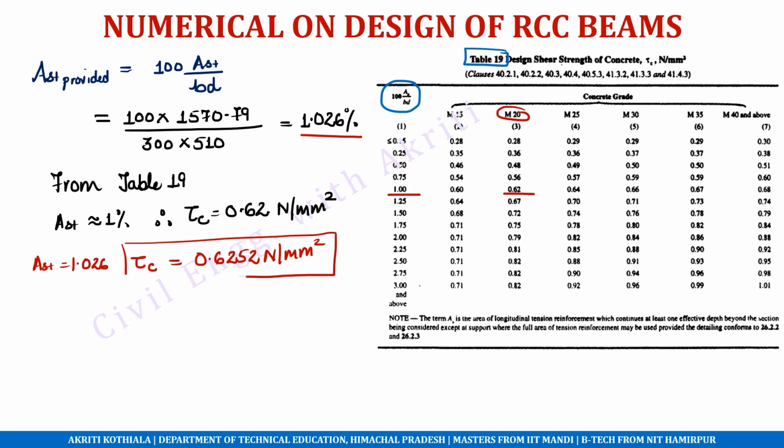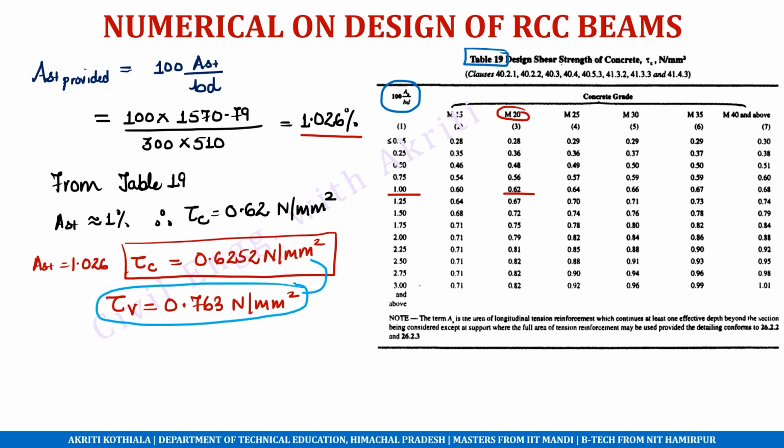This tau C is the value of shear which the concrete will resist. We had the entire value of nominal shear stress equal to 0.763 Newton per mm square. Now the entire value of shear which is going to act on our beam is 0.763, and how much can concrete resist? It can resist only 0.6252 Newton per mm square.